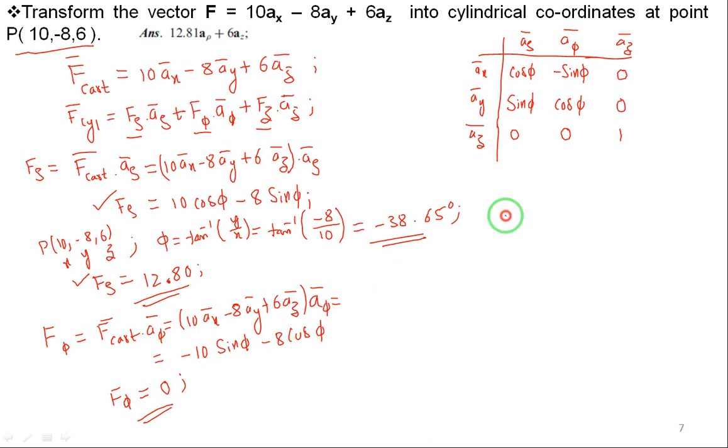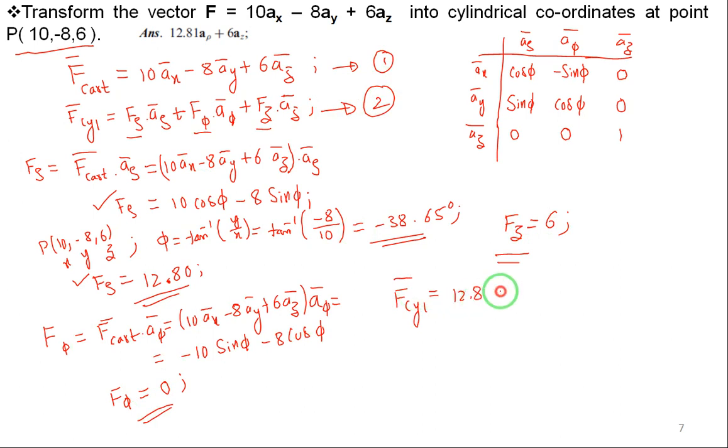Next, fz no need to calculate. Fz is 6 in both the cases. So substitute the value of f rho, f phi, fz in this equation. Call this equation 1, Cartesian. Call this 2. Substitute the values in equation 2. So finally the cylindrical vector f cylindrical is equal to f rho, 12.8 a rho.